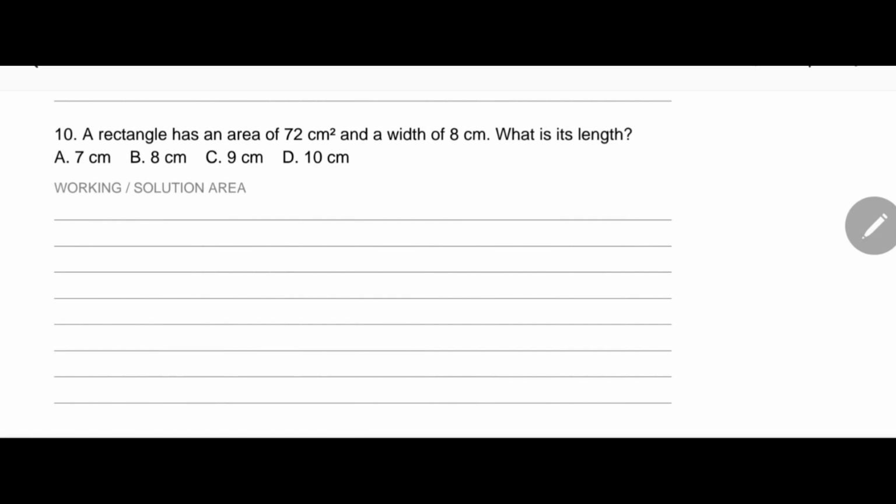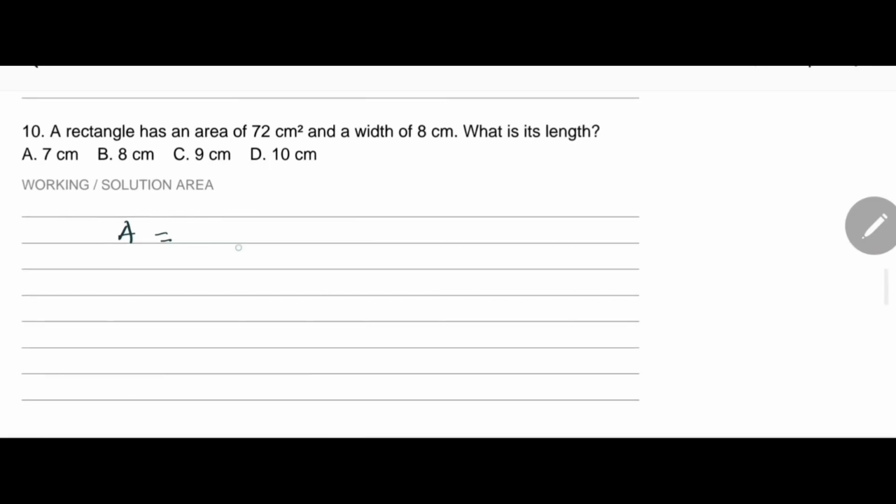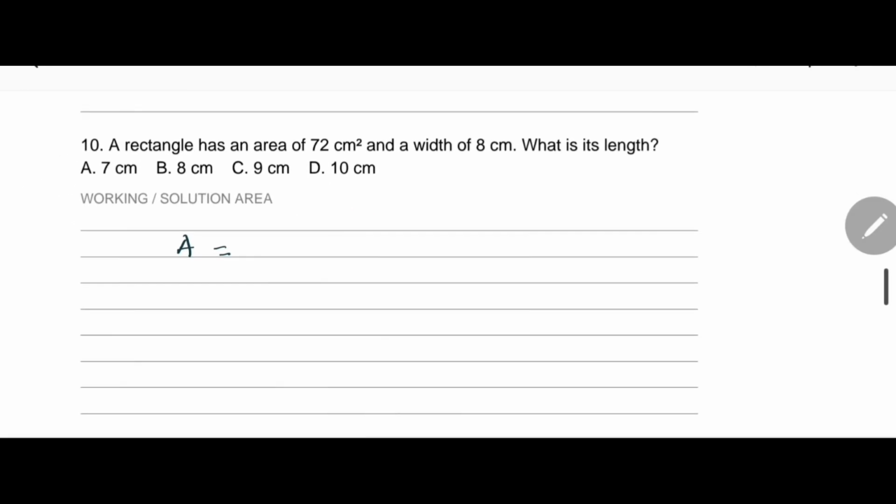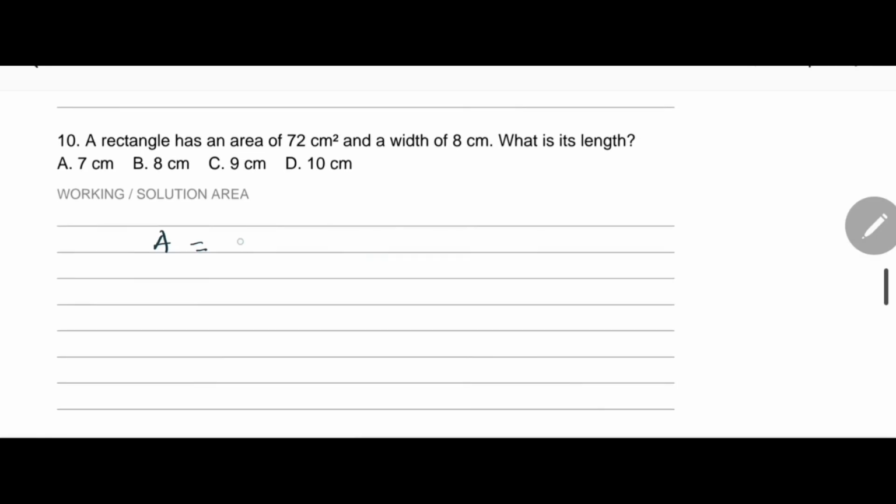So we've been given the area of the rectangle, and they are saying the area is 72 centimeters squared. And then they give us the width. They said the width is 8 centimeters. They are asking us to find the length.